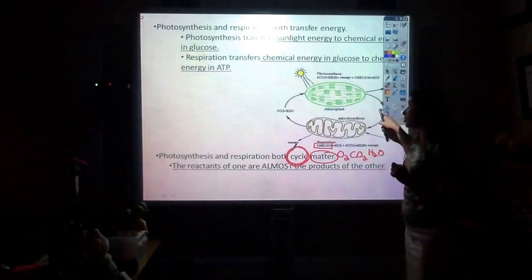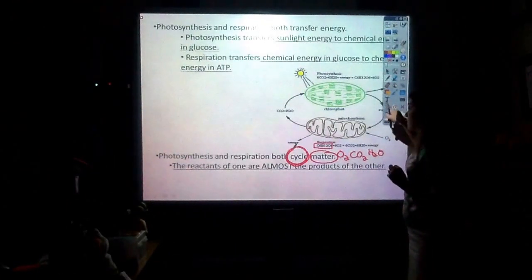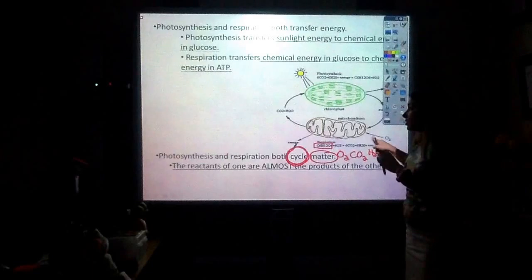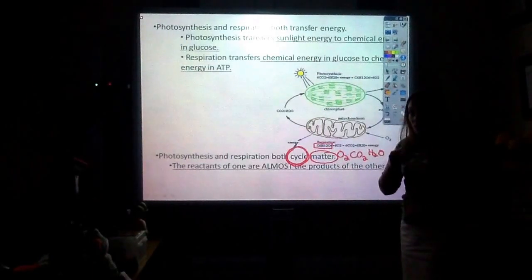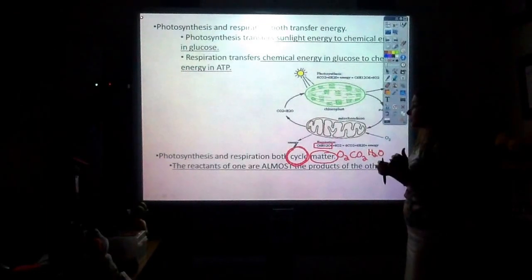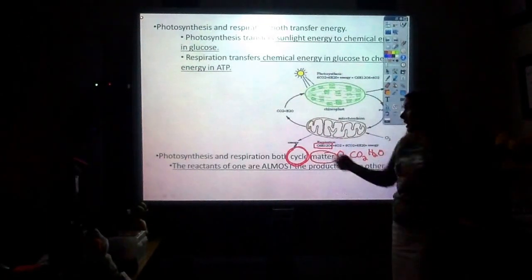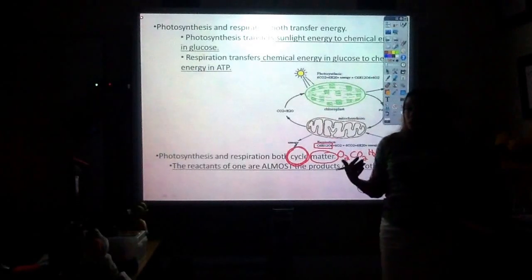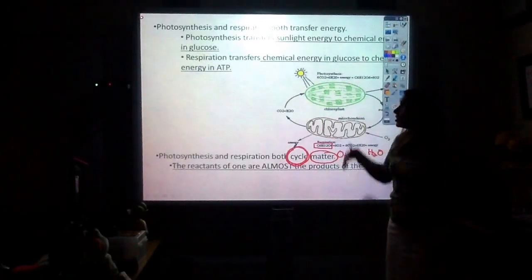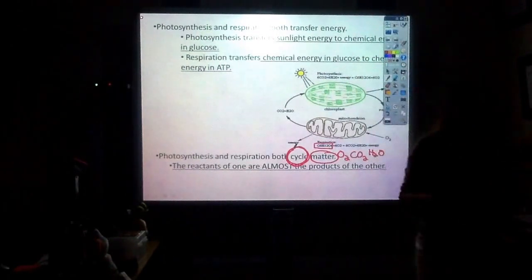Photosynthesis makes sugars and oxygen. Respiration uses sugars and oxygen. So the equations are almost opposites of each other. Not exactly, because respiration doesn't make sunlight. We make ATP, a different source of energy. So at this point, you do need to be able to memorize your photosynthesis information, but also be able to compare photosynthesis and respiration.